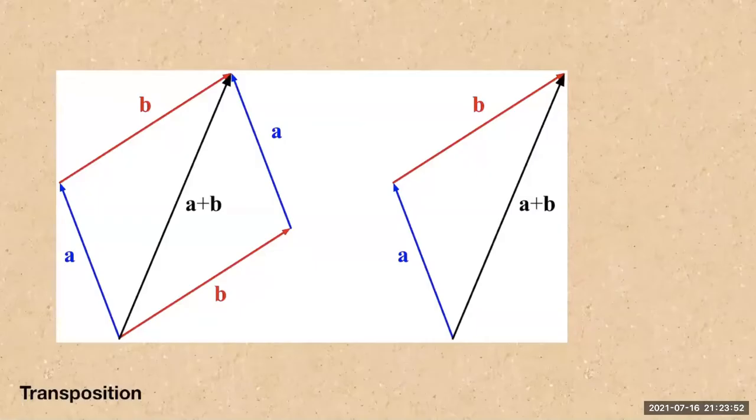You start from the first vector, which is vector A, okay? And here is the end point of vector A, and you can draw the second vector, vector B. And then from the beginning of the first vector to the end of the last vector is A plus B, as I did before, okay?